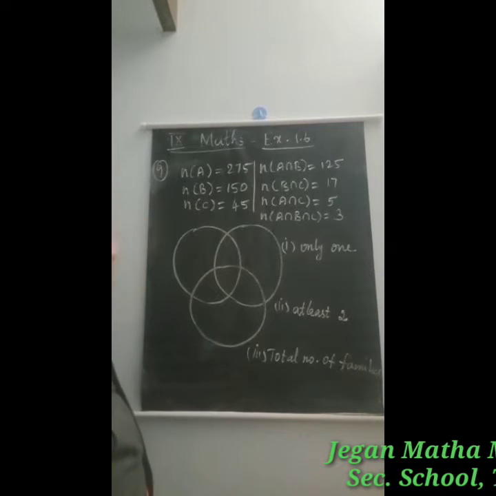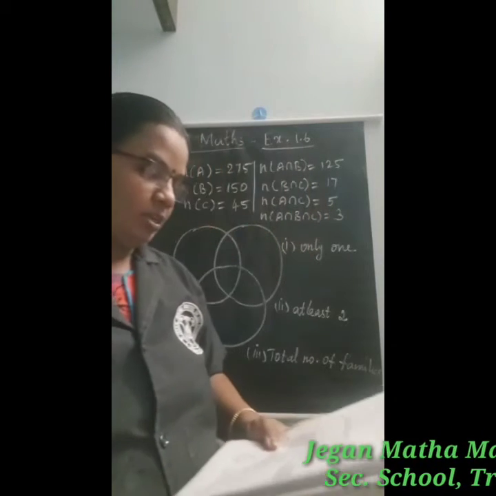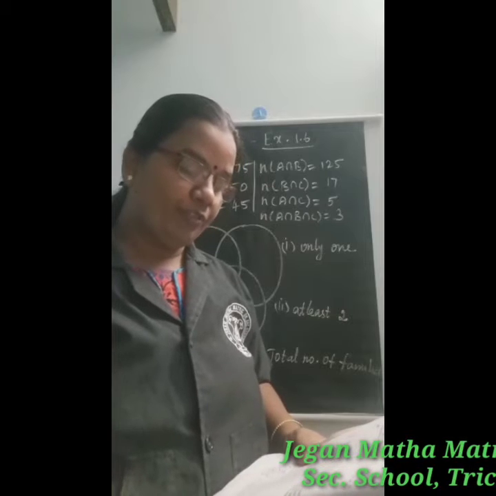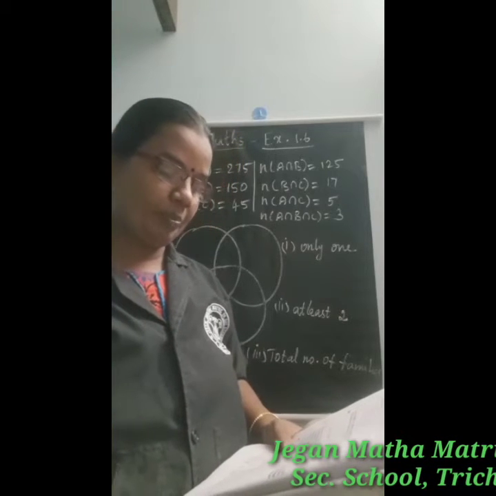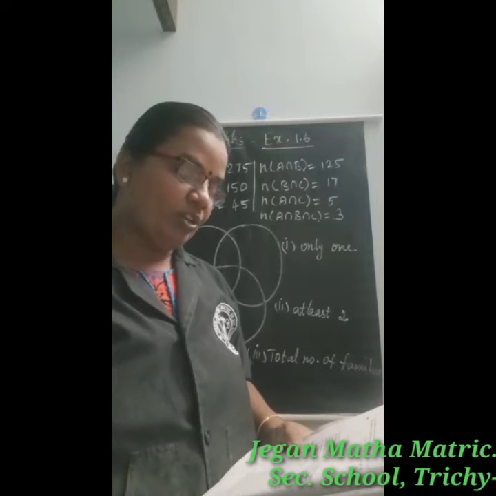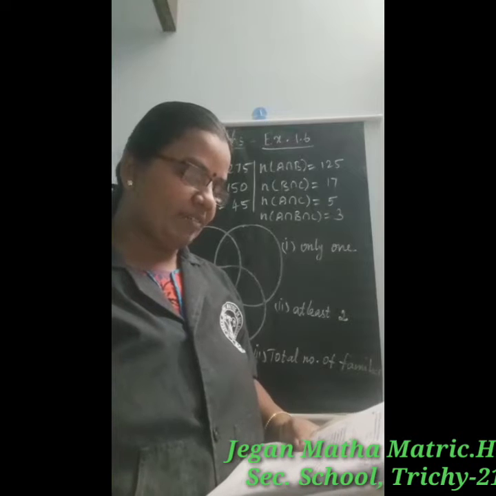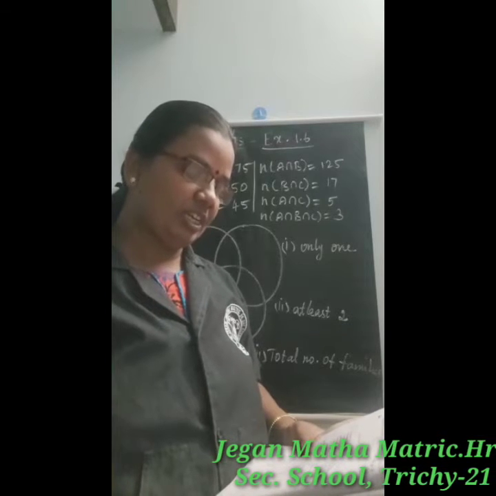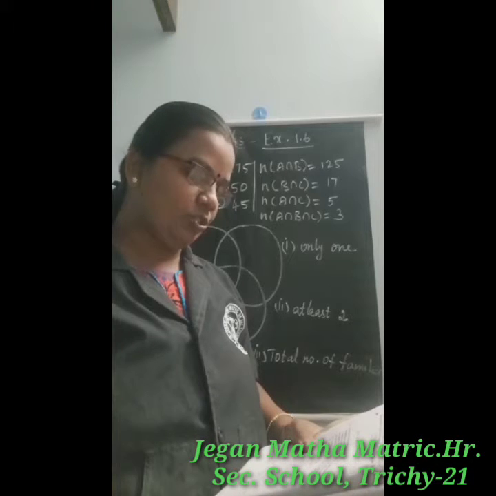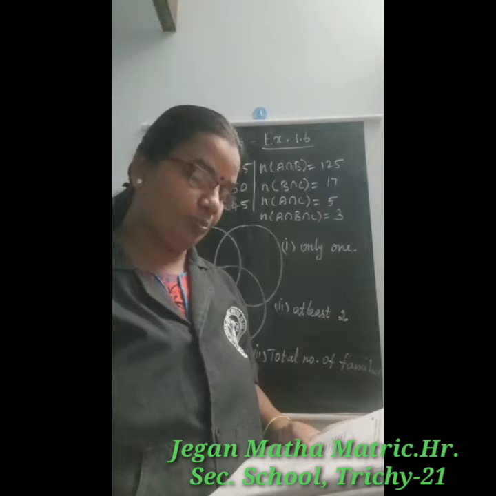Let us see the 9th question. I am going to read. In a colony, 275 families buy Tamil newspapers, 150 families buy English newspaper, 45 families buy Hindi newspaper, 125 families buy Tamil and English newspaper, 17 families buy English and Hindi newspapers, 5 families buy Tamil and Hindi newspapers, and 3 families buy all the 3 newspapers.